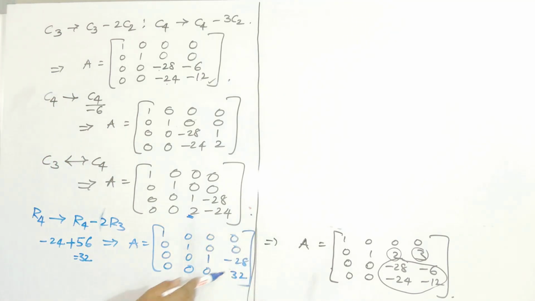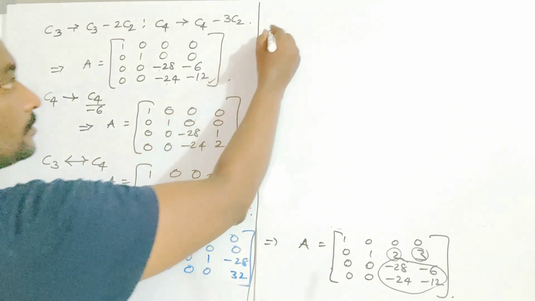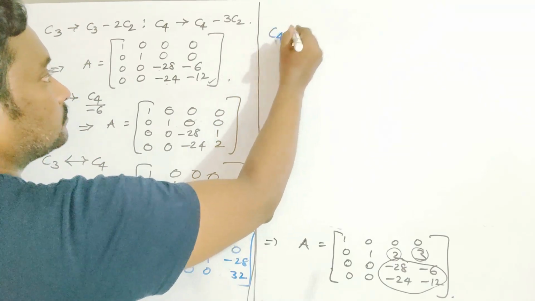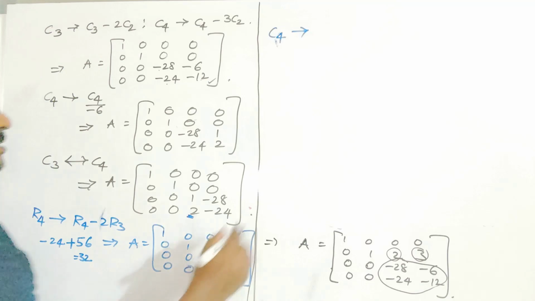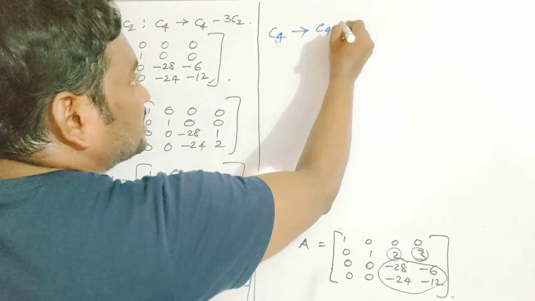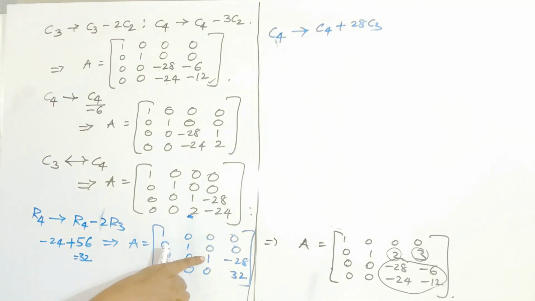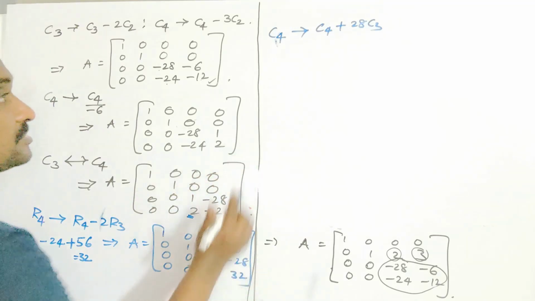Now make this element 0. C4 implies C4 plus 28 C3. I am multiplying the third column by 28 and adding it to the fourth column. You will get this element 0 blindly.